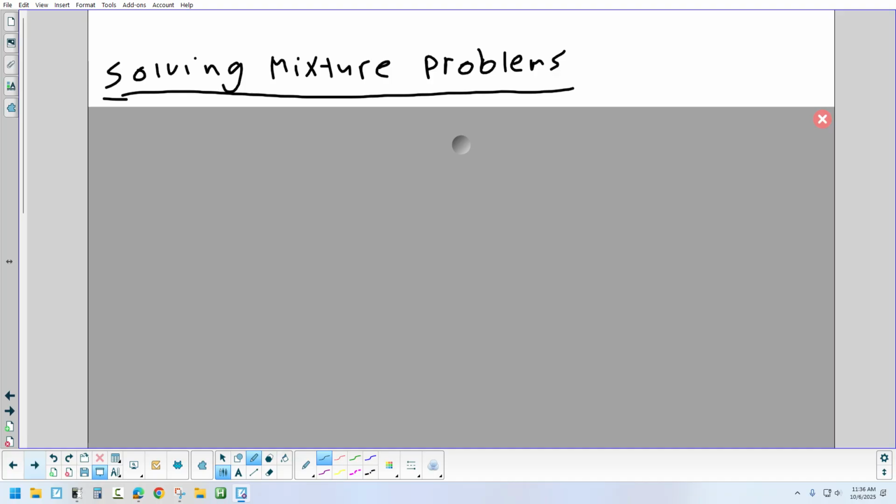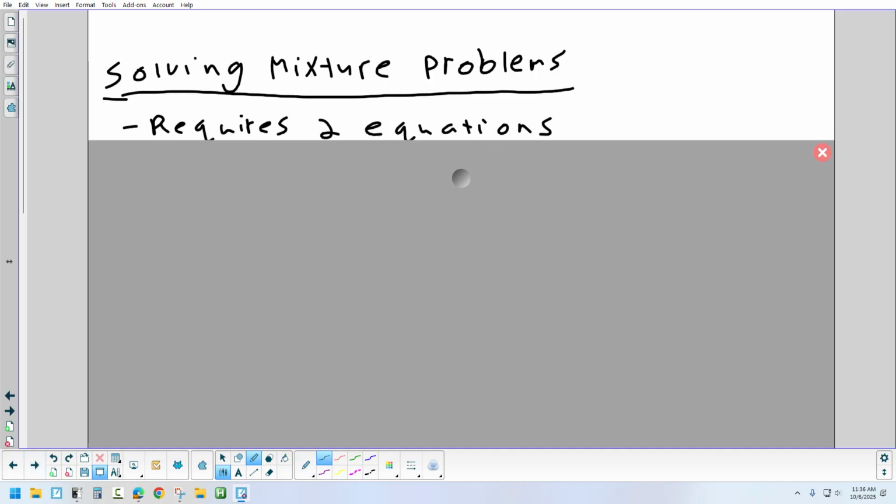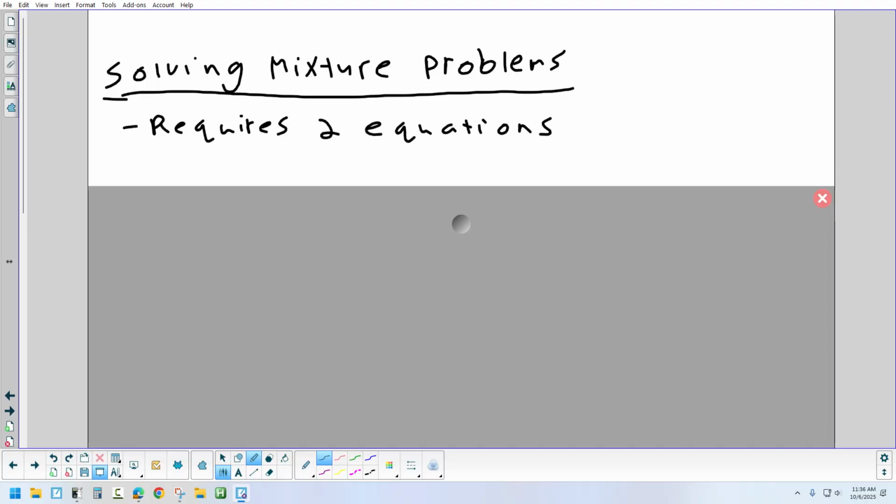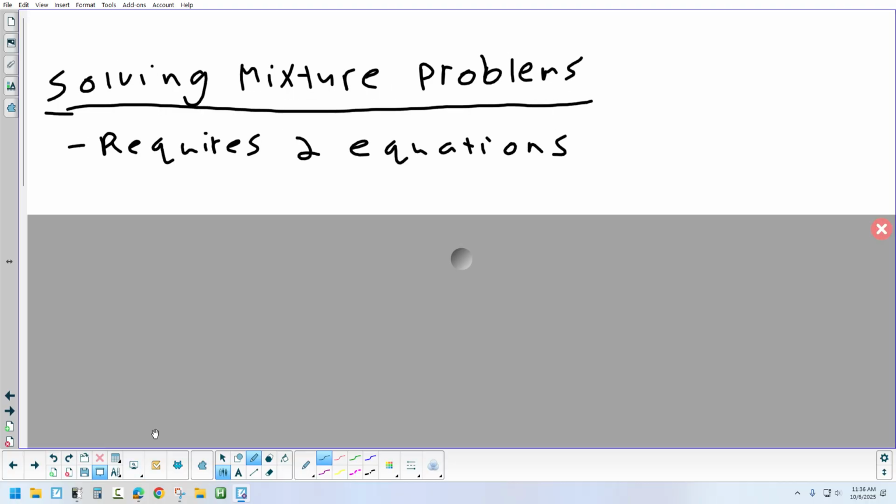And the other application we're going to look at for linear equations is what's called a mixture problem. In a mixture problem, you are going to have to set up what's called a system of equations. You're going to have to set up 2. The way that the mixture problem is going to work is I'm going to give you 2 solutions, and they're each going to have a certain concentration.